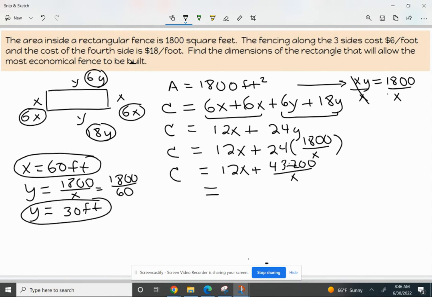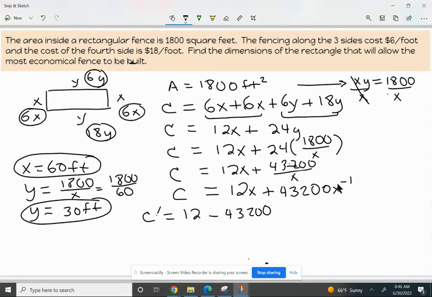But before I do that, I would rewrite it. I would rewrite this as 12x plus 43,200 x to the negative 1. Then I would find c prime, the derivative. The derivative of 12x is 12. The derivative here, I'm going to take negative 1 times 43,200. That's negative 43,200.